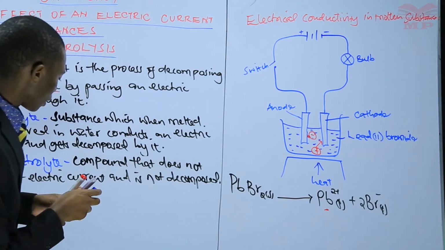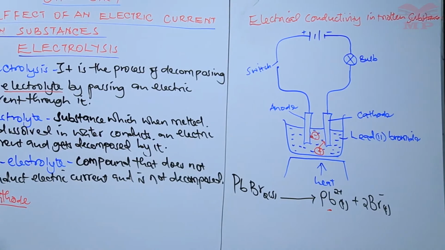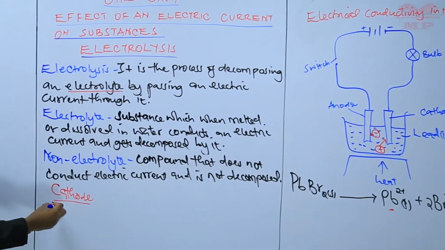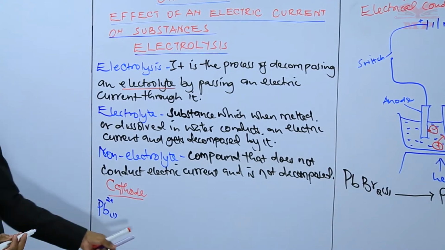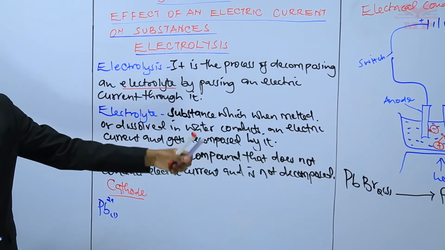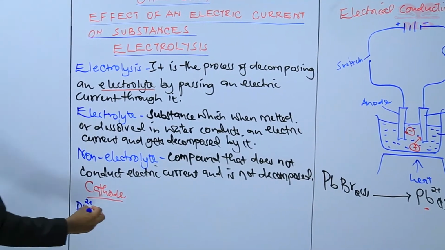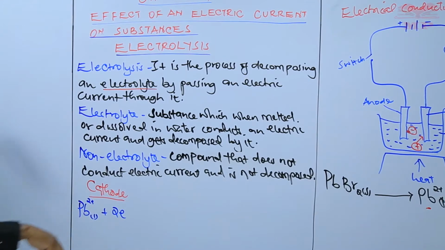And the equation is the lead ions. Remember, the lead ions are now in liquid state because they have been heated at high temperatures from a solid to a liquid. Then you're gaining 2 electrons because the charge is 2 positive.